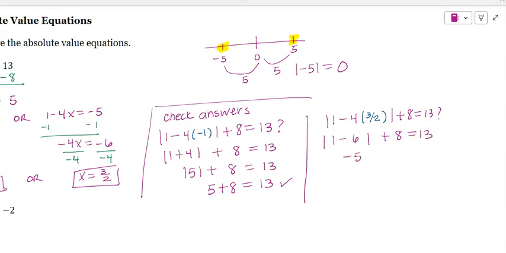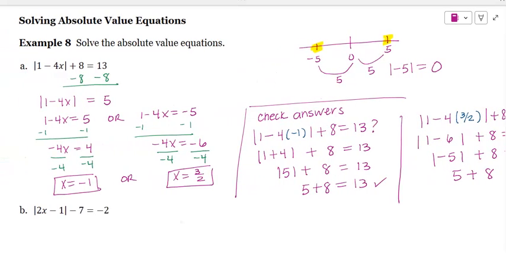So I have -5 in the absolute value symbols. And then I'm getting 5 plus 8 again, and this is 13. So both of our answers are correct.